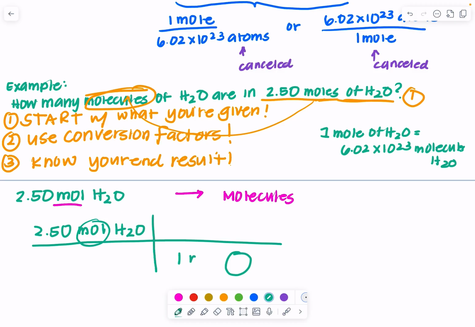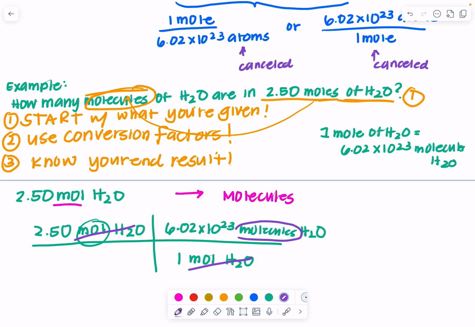So we're going to put 1 mole of H2O on the bottom, and we're going to put 6.02 times 10 to the 23rd molecules on top. What's going to happen is our moles of H2O are going to cancel, and we're left in molecules.